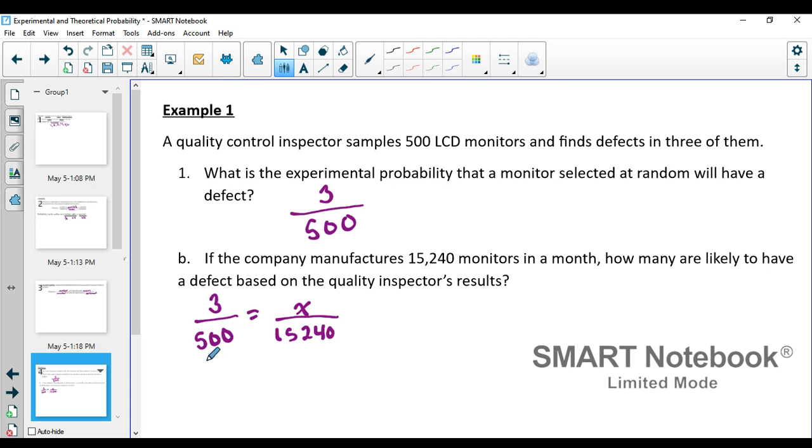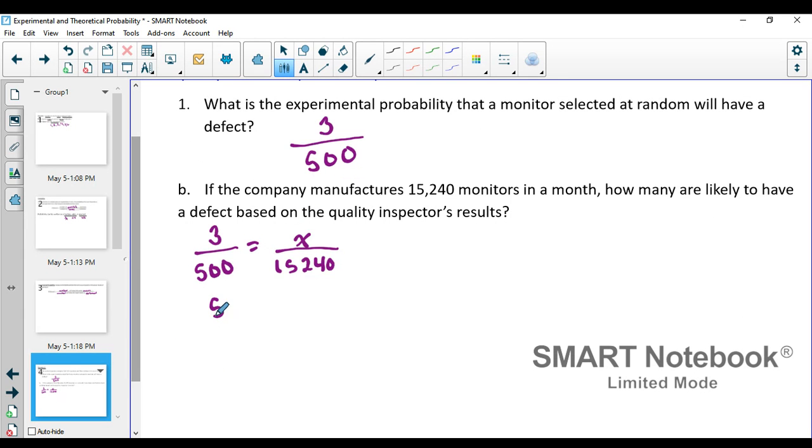So remember, to solve a proportion, we cross multiply. So we get 500x equals 45,720, and then we're going to divide that by 500.